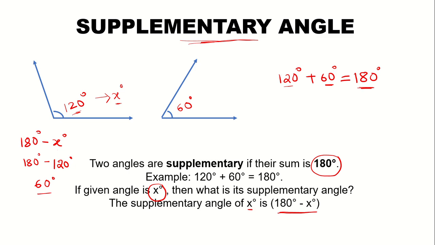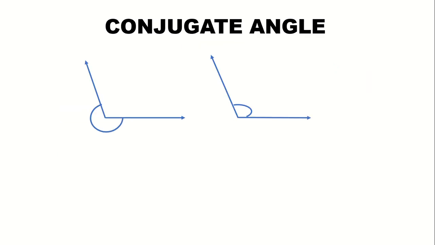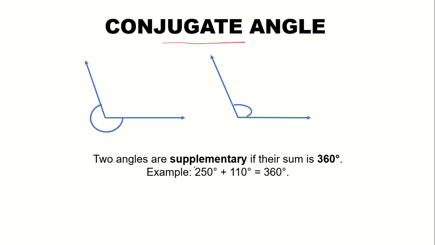Next, let's see the other type of pair of angle, which is conjugate angle. What is a conjugate angle? Here it is. Two angles are conjugate if their sum is 360 degrees.